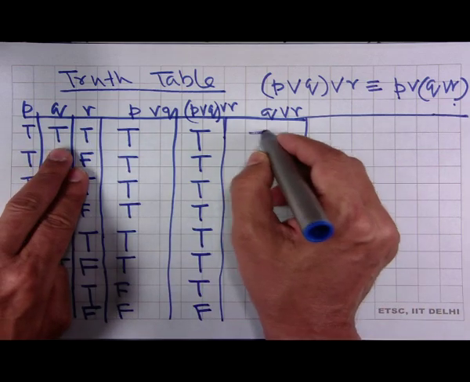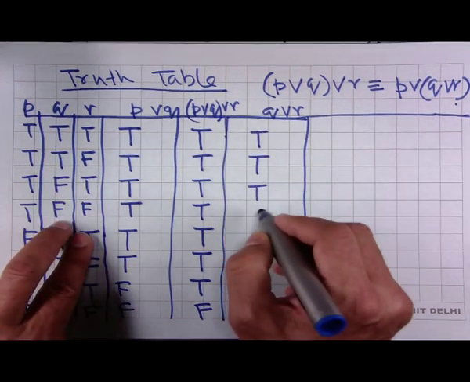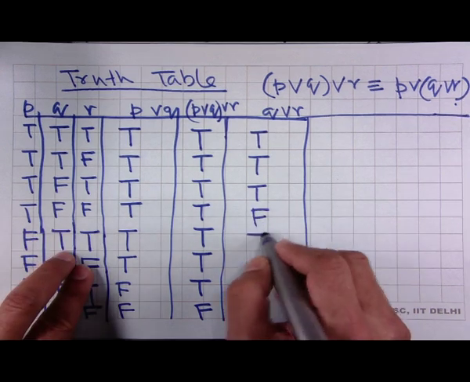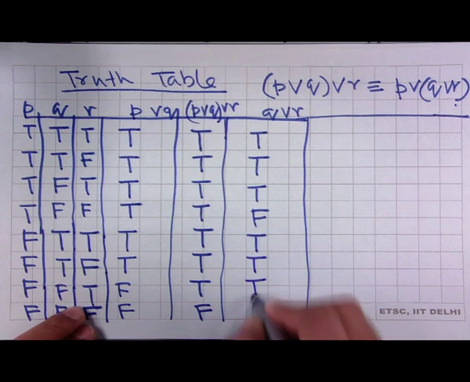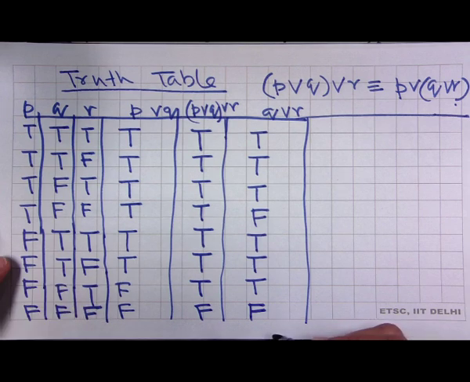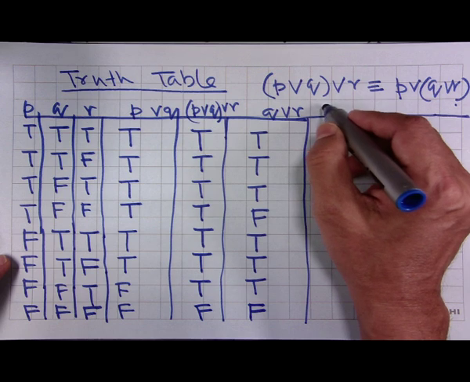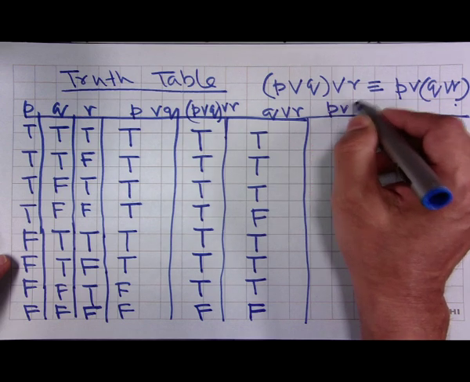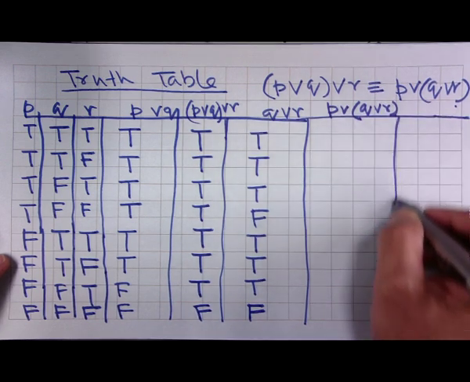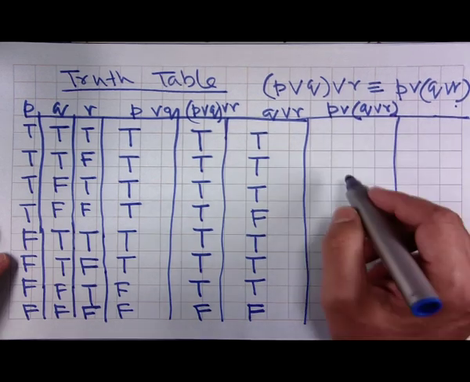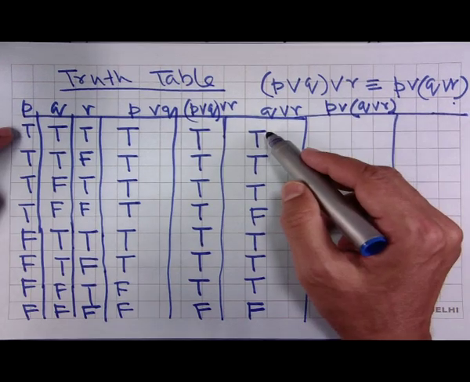So, Q or R is T, T, T, F, T, T, T, F. Now, we are ORing this with P. So, P or (Q or R), therefore, is, I am now ORing between this column and this column.